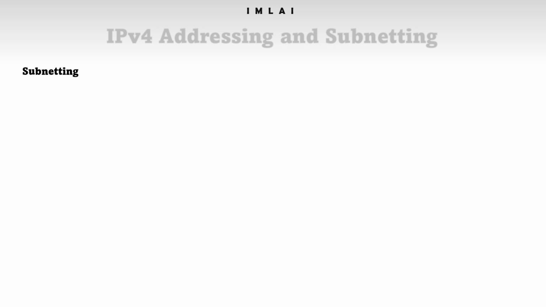The best example is when we were looking at classes of IP addresses. At that time, we saw class A, class B, class C, class D, almost four classes, each with a default subnet mask.